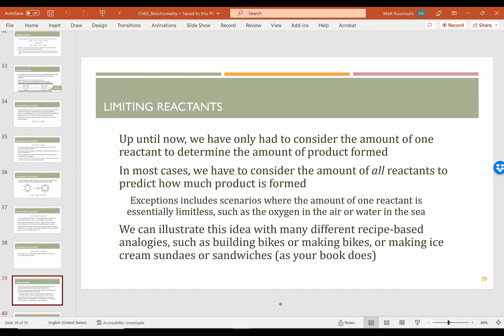Now, in most reactions, I'm telling you not how much of one reactant there is, but you would want to know the amount of all reactants. And only one of these would generally tell you essentially how much there is of a certain substance. Certain things are almost always in excess. Like, for example, oxygen gas.